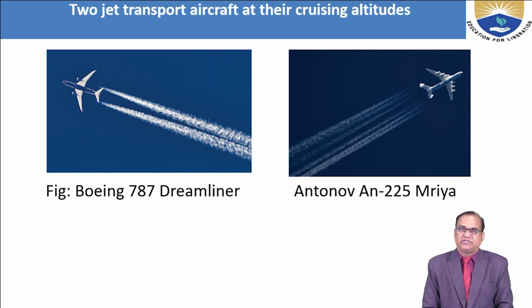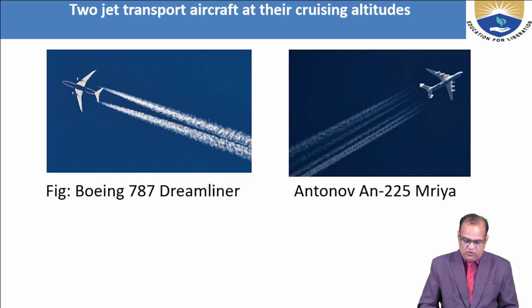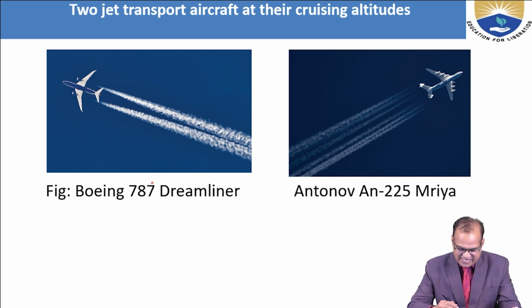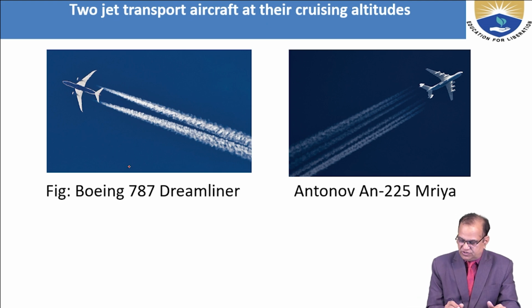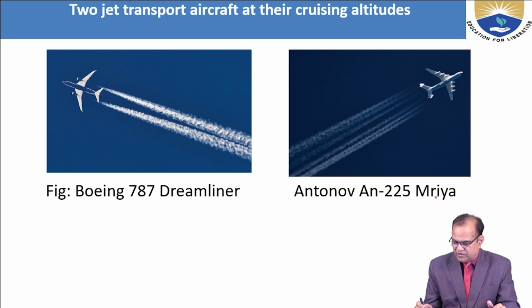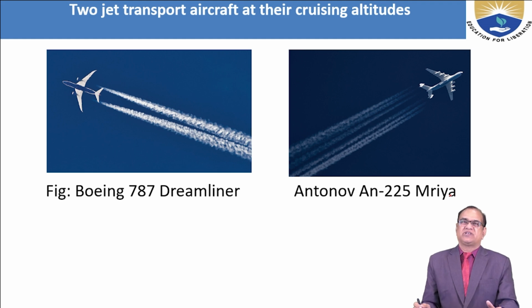Now, two jet transport aircraft at their cruising altitude. So you can see here, Boeing 787 Dreamliner. This is the Boeing aircraft at cruising altitude. Antonov AN225 Mriya. This is another aircraft. They have a certain amount of altitude.